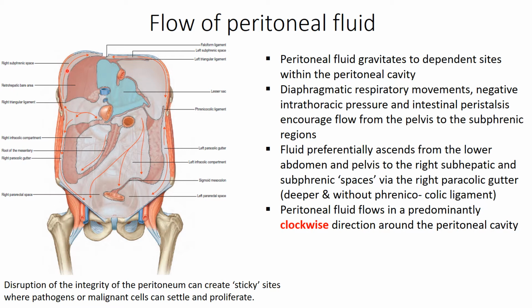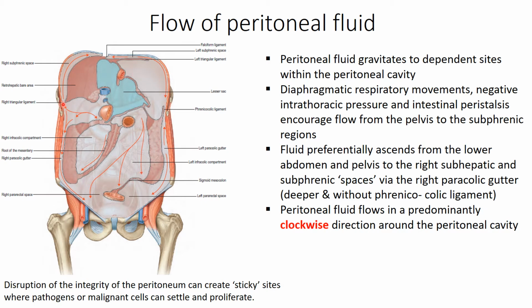These encourage the flow of the peritoneal fluid from this lower abdominopelvic portion or the right subhepatic portion towards the subphrenic spaces, and this occurs through this right paracolic gutter. This is the preferential way only because there is no hindrance of phrenicocolic ligament here, and also it is deeper than that on the left side.